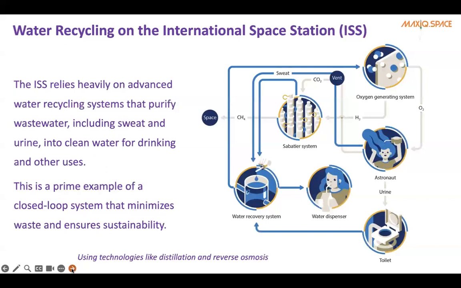So the International Space Station relies very heavily on advanced water recycling systems that purify wastewater, including sweat and urine, into clean water for drinking and other uses. What we have here is a prime example of a closed loop system that minimizes waste and ensures sustainability.